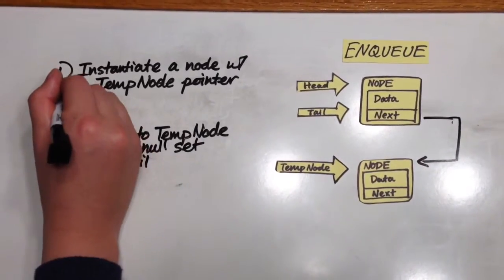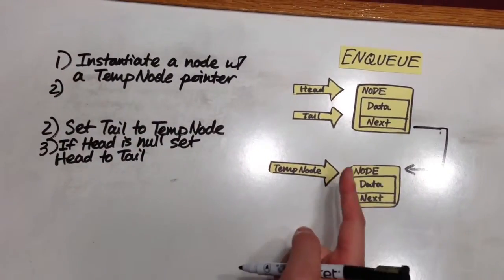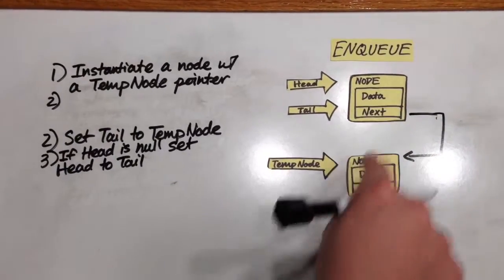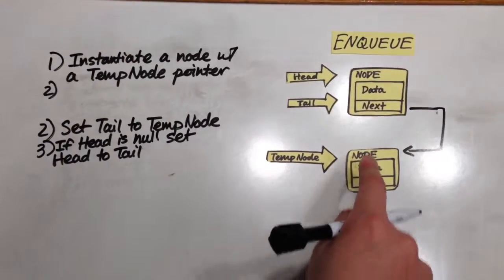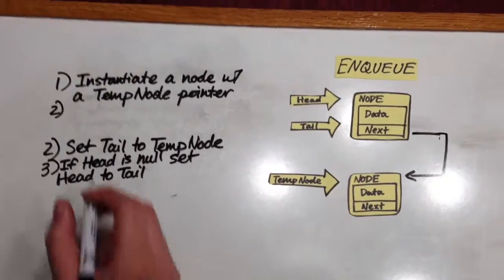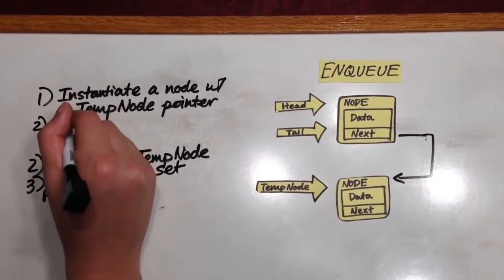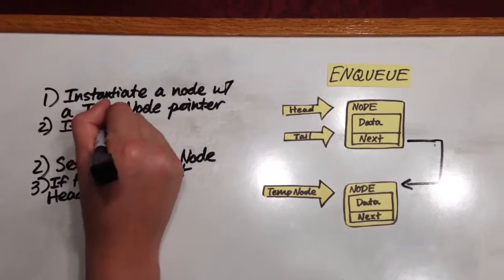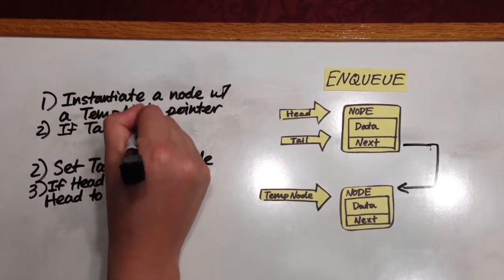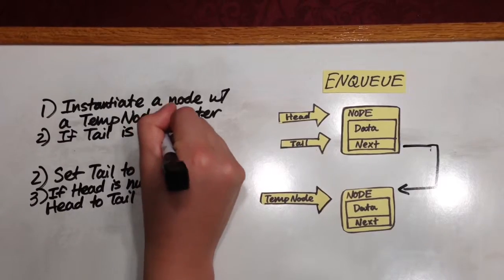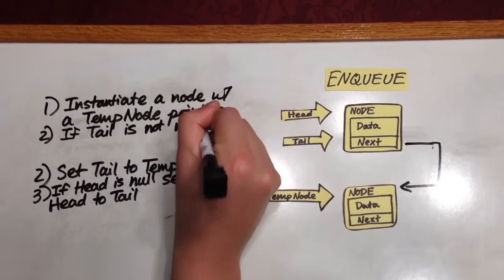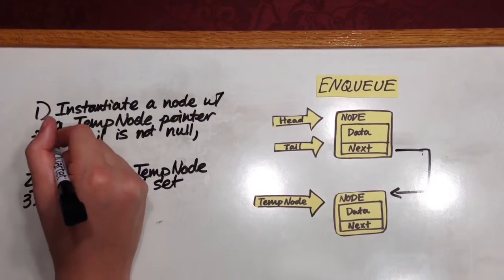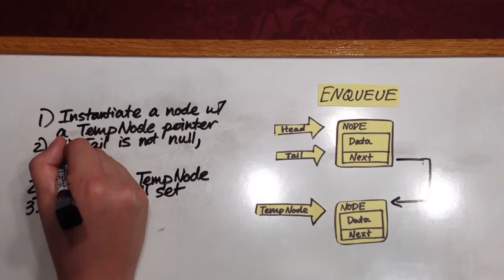By doing this, we're linking the nodes to each other, so we know where the next node after a certain node is. So this is the condition if tail is not null, and that's when the queue has nodes when we're trying to add it. So not if the queue is empty.